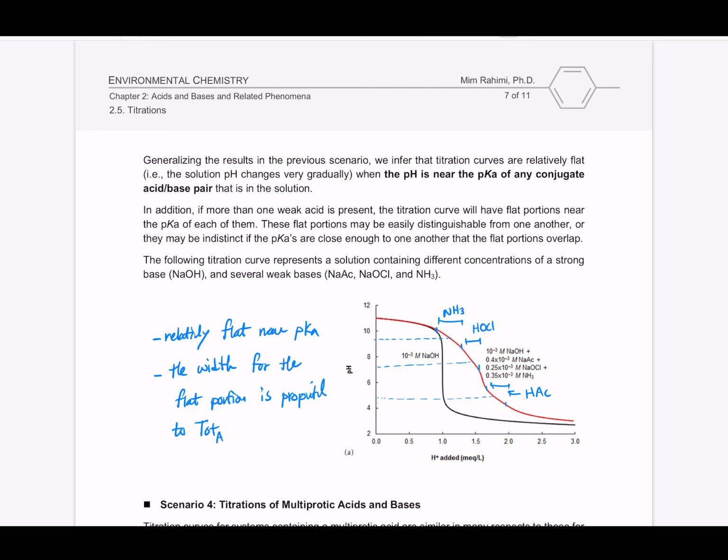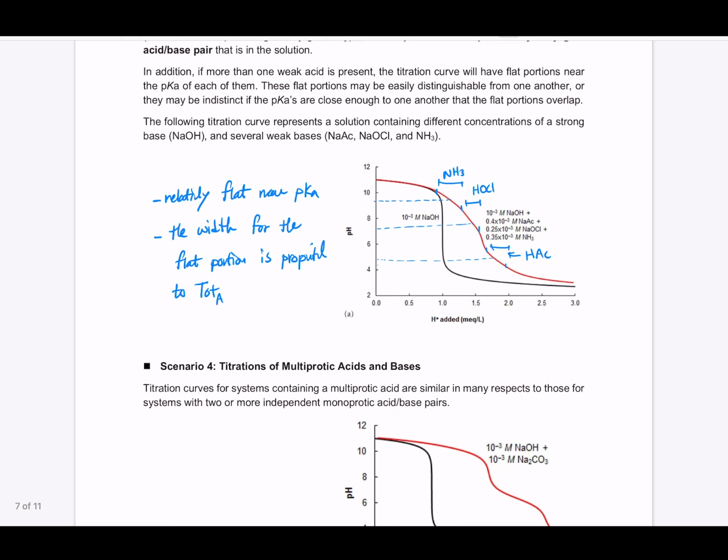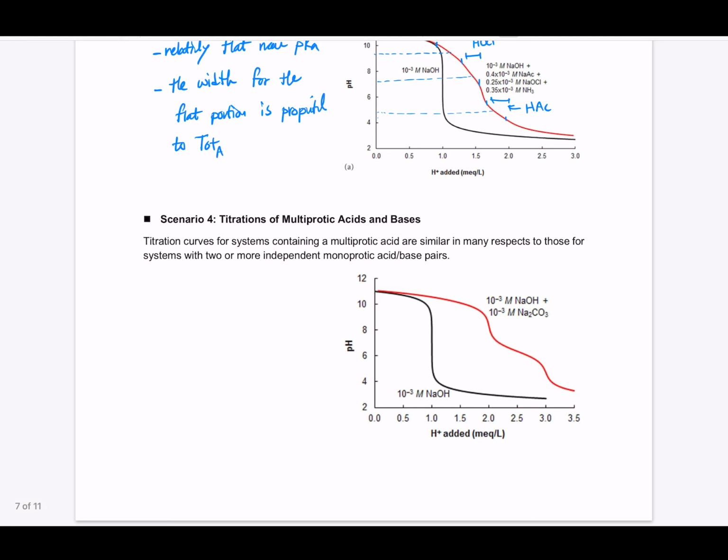So the last scenario is, so far we talked about strong acid, weak acid, strong and weak together. And now we want to talk about a multi-product acid. The previous one was always about a monoprotic. This case is basically a polyprotic, or in this case, diprotic.